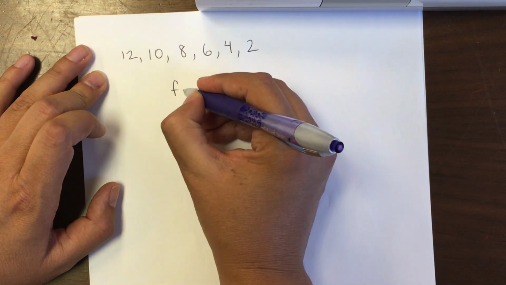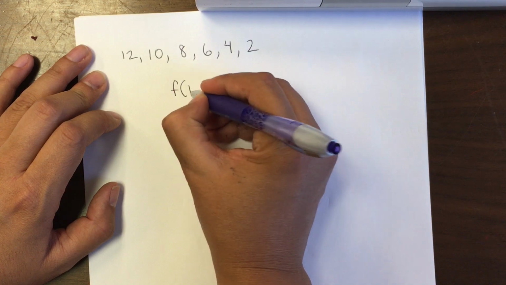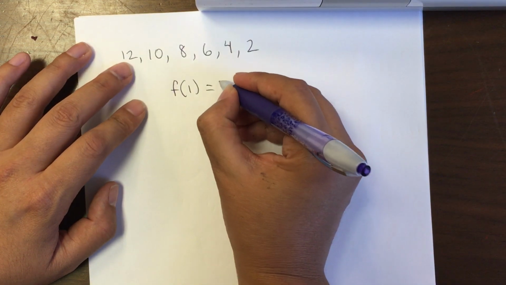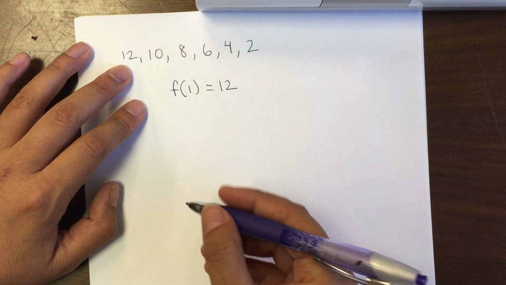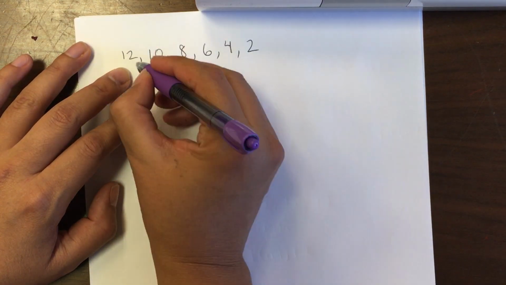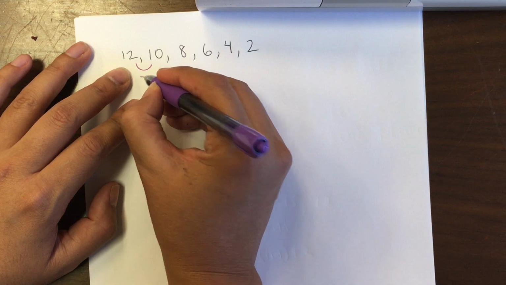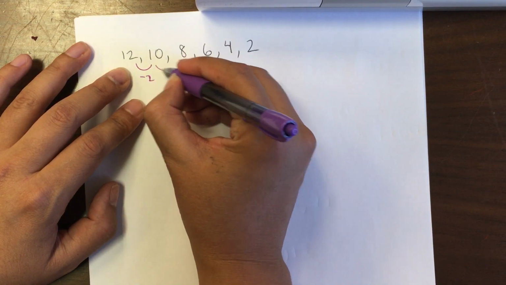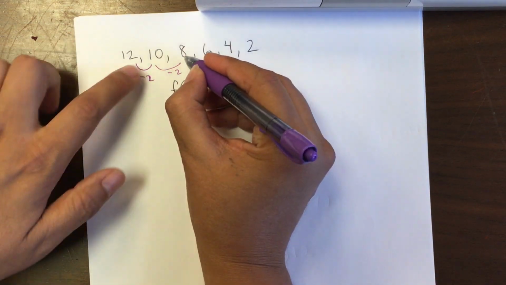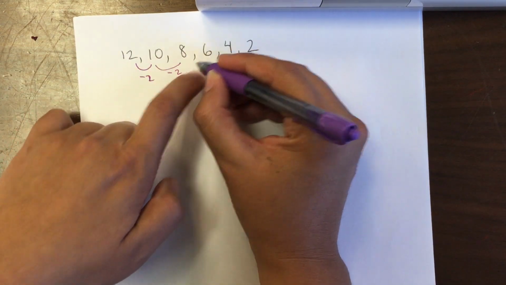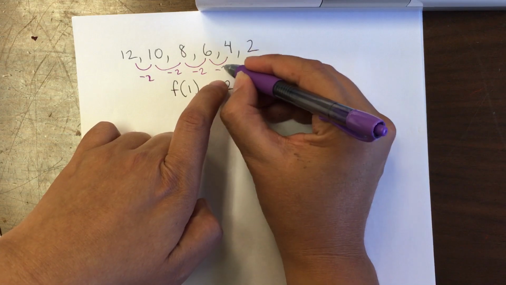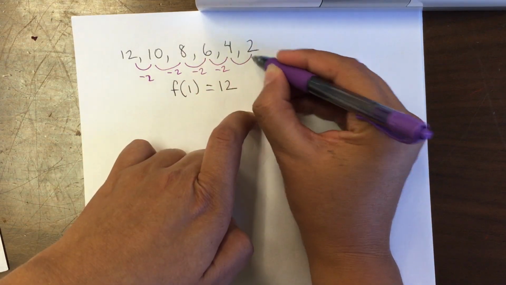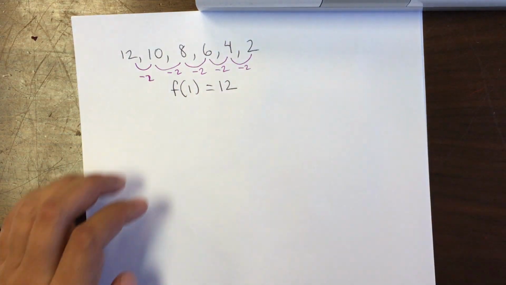For my recursive formula, I'm going to have f of 1 equals the initial point, and the pattern. What is the pattern here? Minus 2. I'm subtracting 2 from the previous one each time.